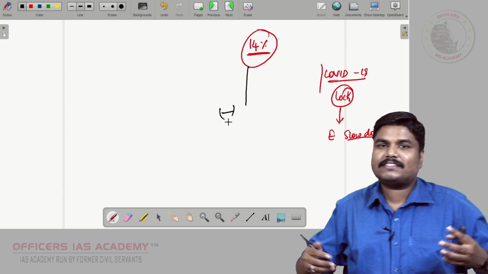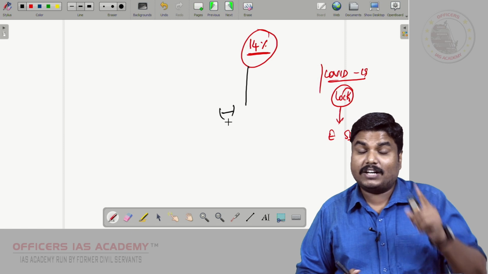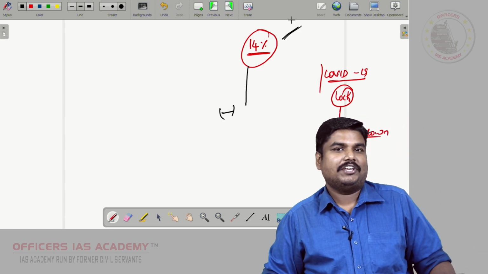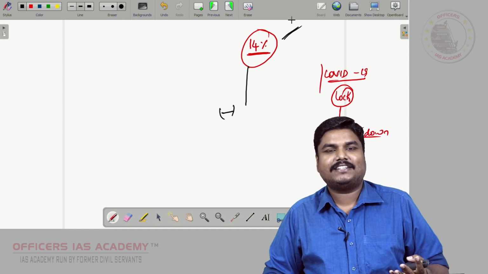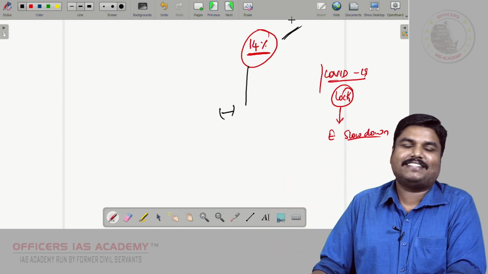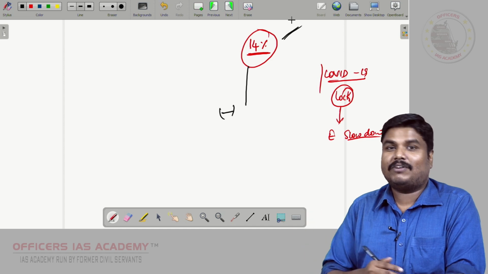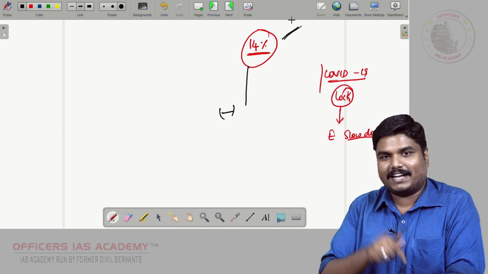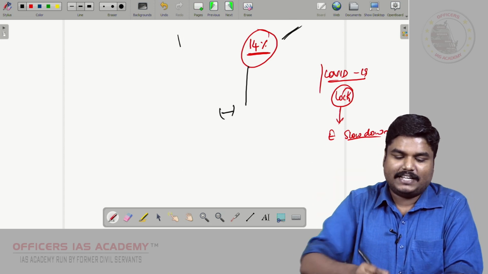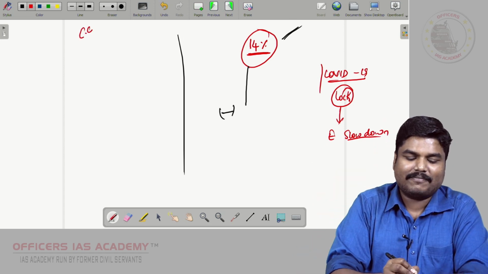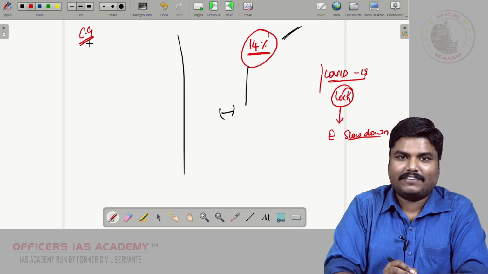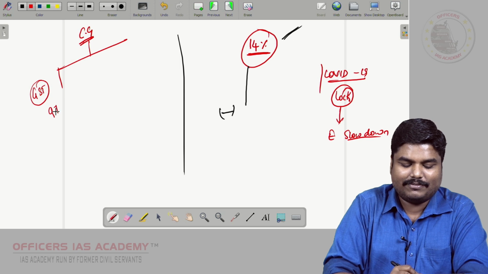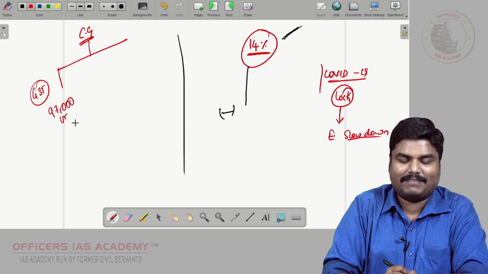Since many states are facing a fall in revenue, the states are asking the central government to compensate, because central government said, minimum 14% growth you will get because of GST. If you are not getting that, we will compensate. Now, states are going to central government, saying, what do you say? 14% growth, but see, we are facing negative growth, so compensate. Central government was saying this is not fair. Because of GST, the loss was roughly 97,000 crores it seems.